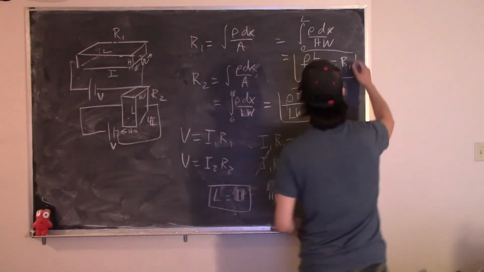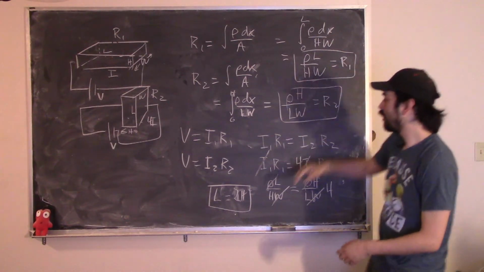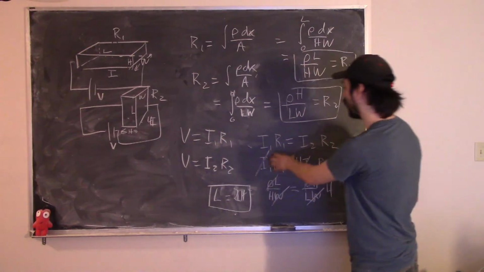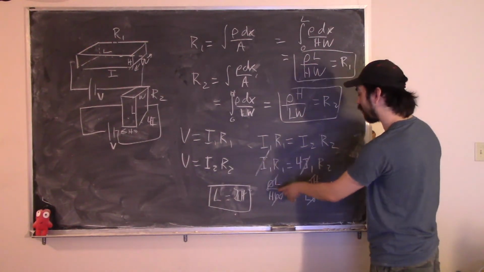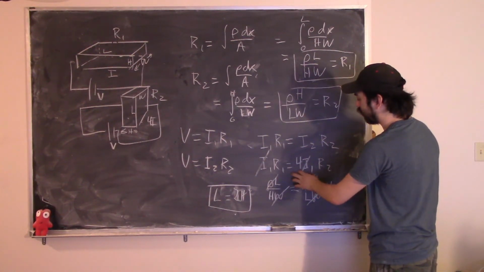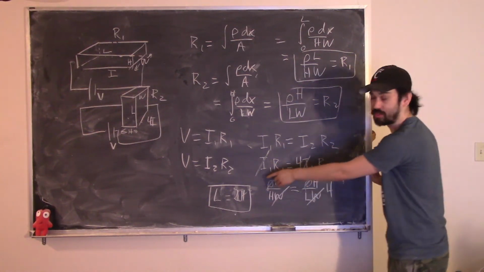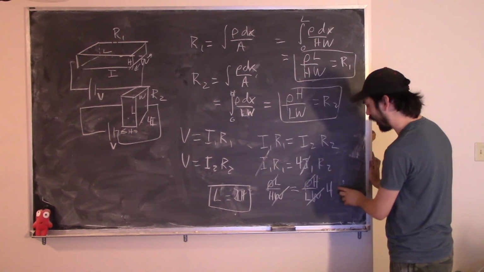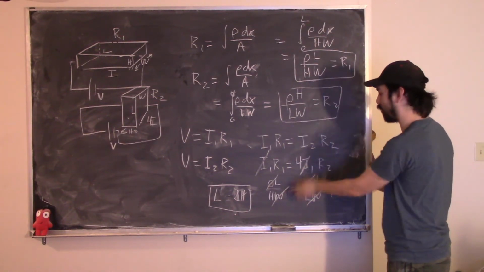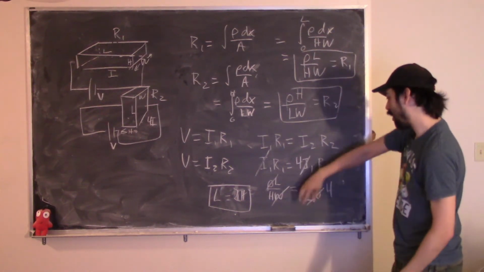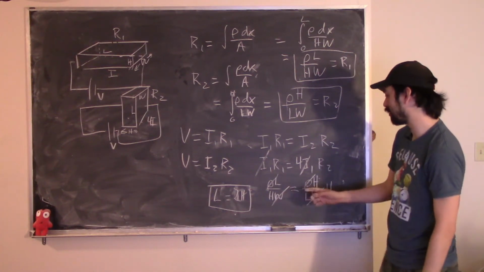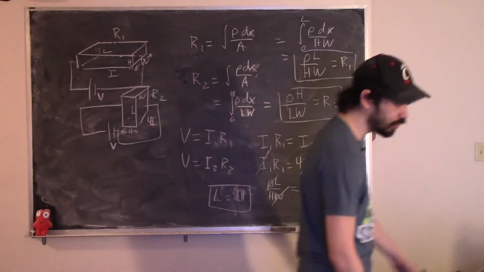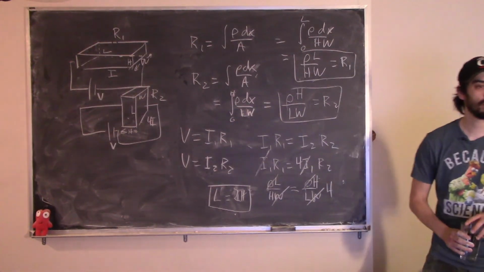And so once I have what my resistances are, and I can write these equations for what the potential across them is, I can equate them and then plug in the fact that this current is going to be 4 times this current, cancel my I's. So there's a factor of 4 here, and then I plugged in my R1 and my R2. And then rearrange this, and when I rearrange this, I end up finding that L is going to be 2 times H in order for this to be true.